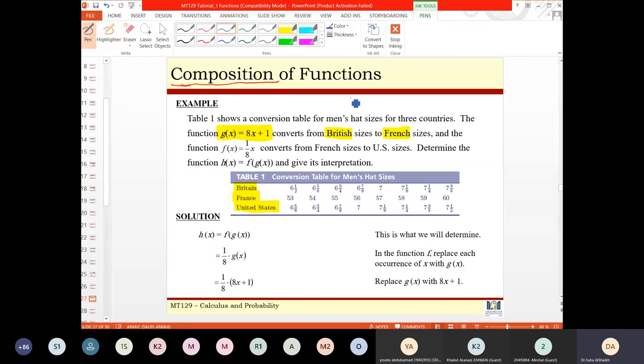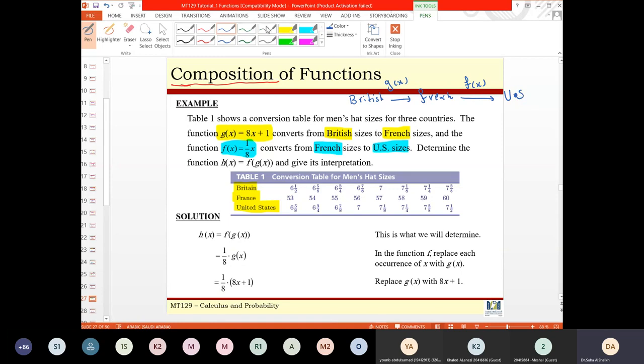So I have the function from British to French, and this function is g of x. The second function, f of x equal to 18x, changes from French to US. So the second function is from a French to a US size. This is f of x.